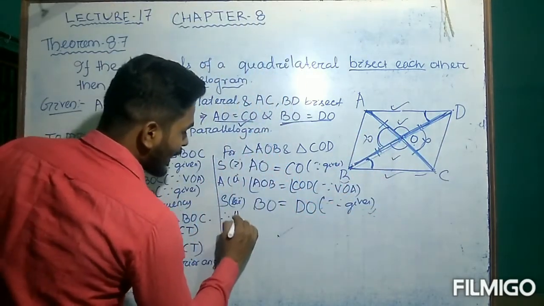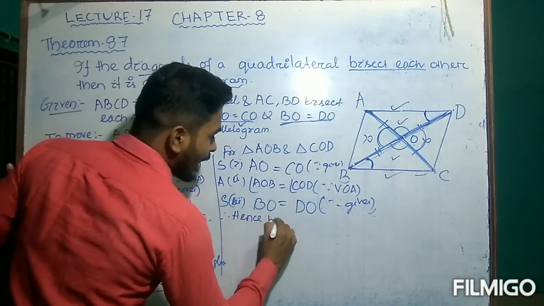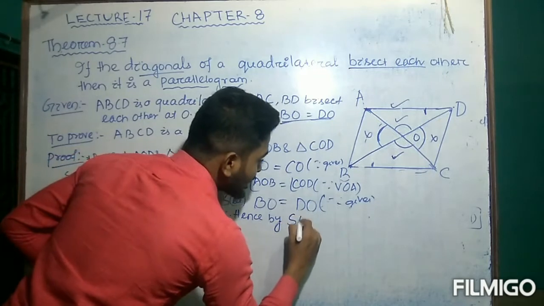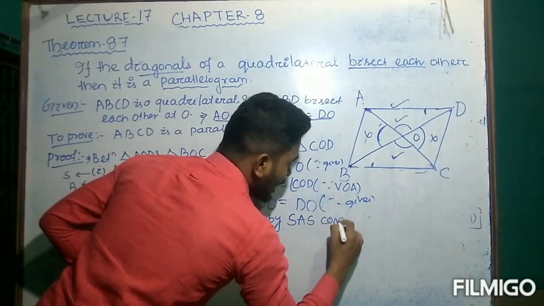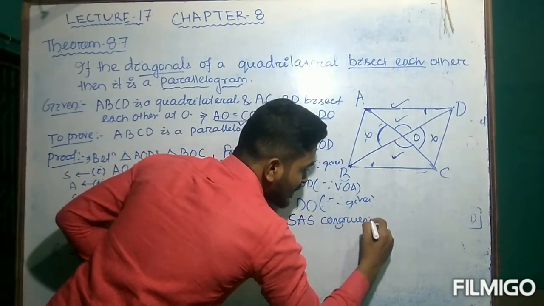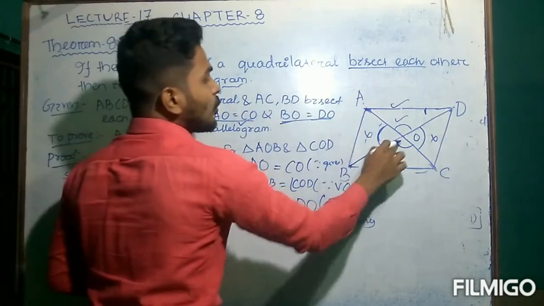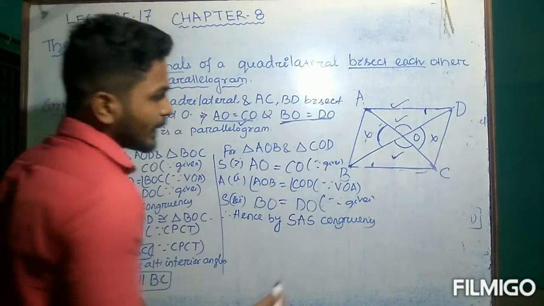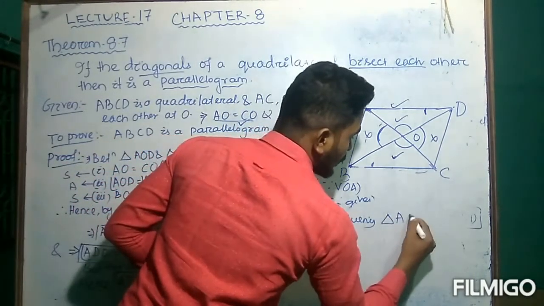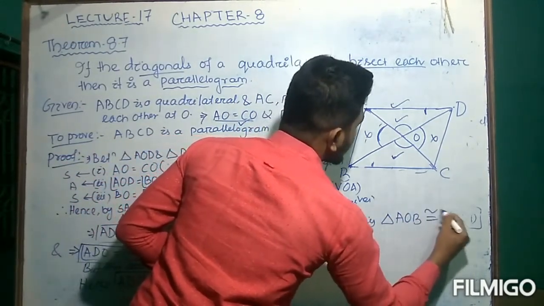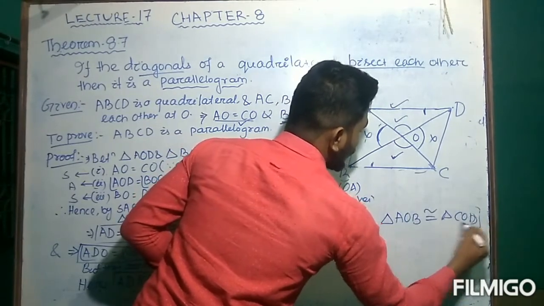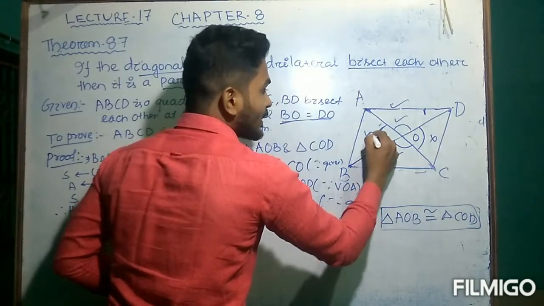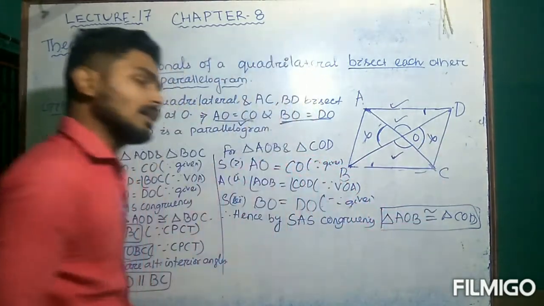So by SAS congruency, triangle AOB and triangle COD are congruent. So now we have proved that these two small triangles are congruent.